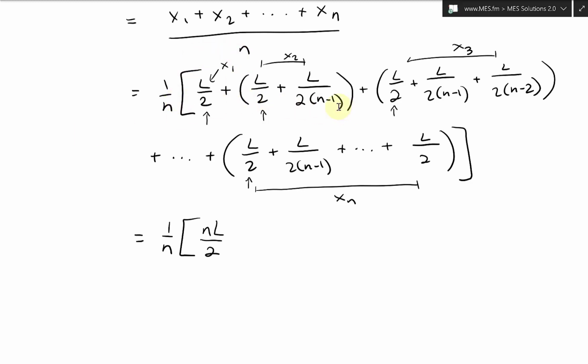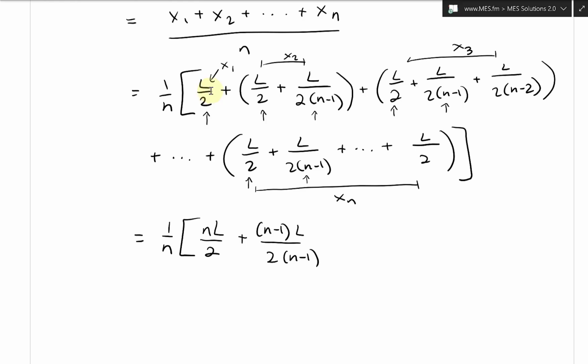The next term appears everywhere except the first one, so we're going to have plus n minus 1 times L over 2 minus 1.